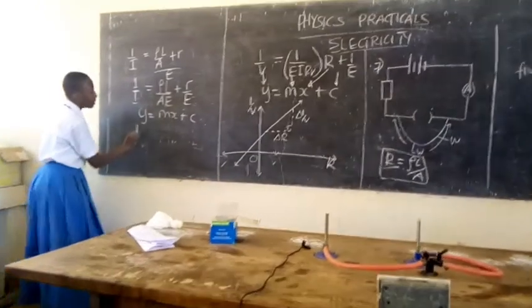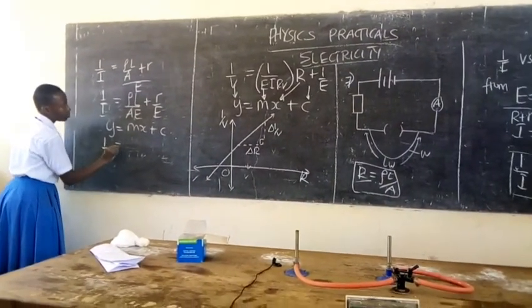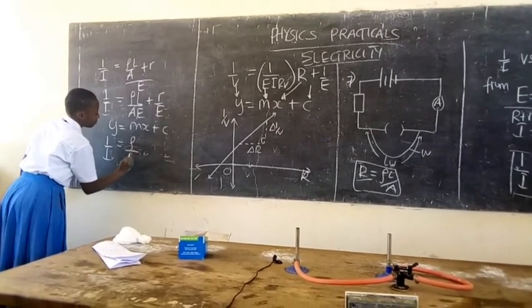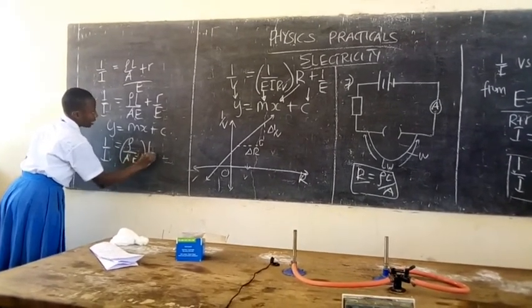That is 1 over I equals resistivity over A E times L plus r over E.